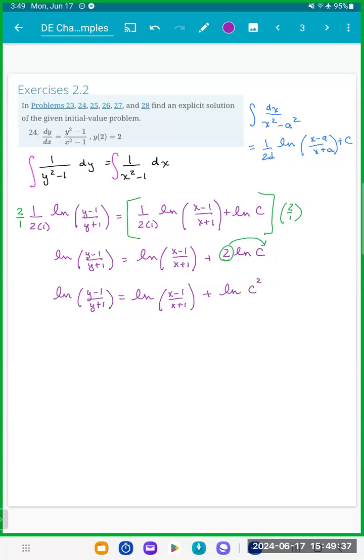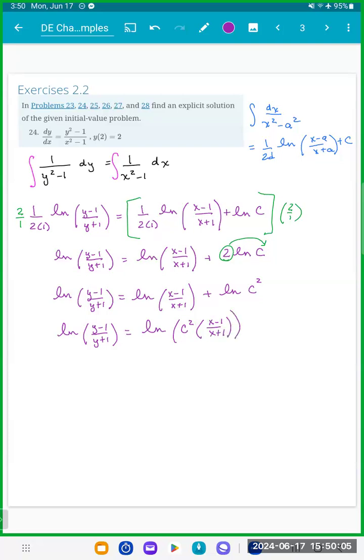Now, again, using our laws of logarithms, we can combine these two logarithms on the right-hand side. So we have ln of (y minus 1)/(y plus 1) equals the ln of, since those are addition, c squared times (x minus 1)/(x plus 1).